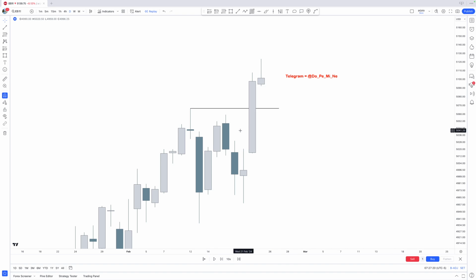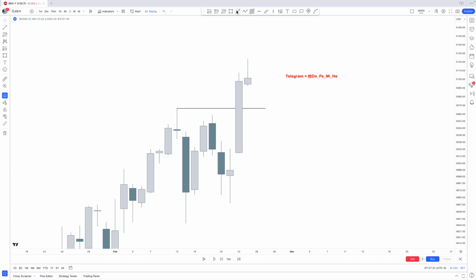So when we then continue higher, and we also have this nested PD array, and a nested PD array is again when inside the fair value area towards the right side, we have a smaller PD array in the bigger PD array. That creates a nested PD array in the form of this order block inside the bigger order block as well. Essentially, that creates 3 discount arrays as well. That's of course absolutely perfect, because that is even stronger the more discount arrays we have as well. Now, why do we use this?